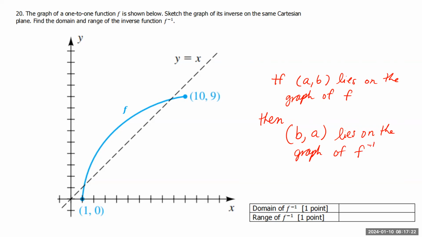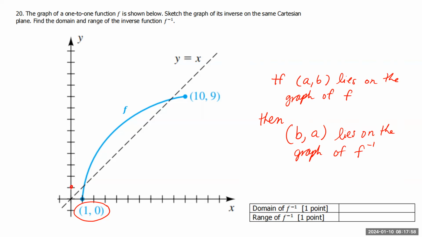So that means if you have a point, let's say (a, b), where a is the x-coordinate and b is the y-coordinate, on the graph of f, then to graph f inverse, the reversed point (b, a) should be on f inverse. So (1, 0) is on f, which means point (0, 1) should be on f inverse. Where is point (0, 1)?